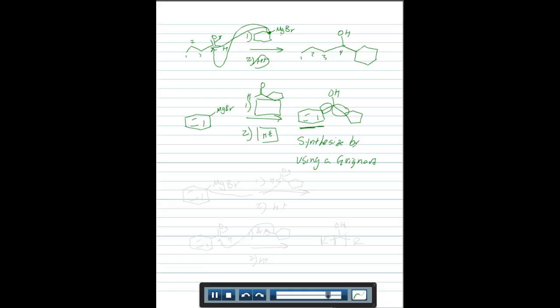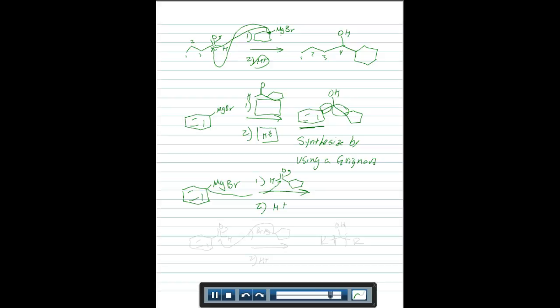Let me redraw it down here. Sorry about that. So MgBr, you're going to react it with this aldehyde, that 5-membered ring. Basically, this carbon comes in, breaks the pi bond, and then you add in your acid.